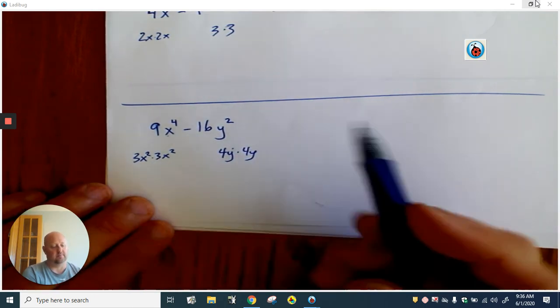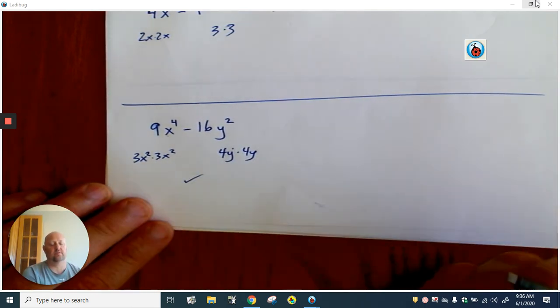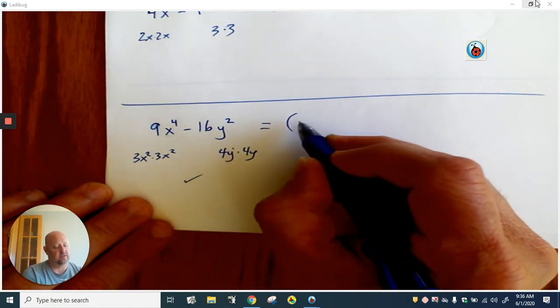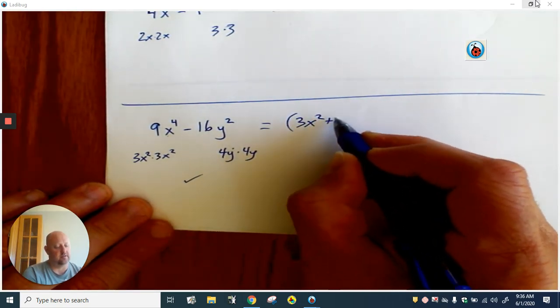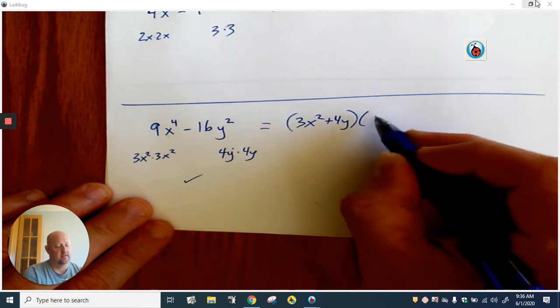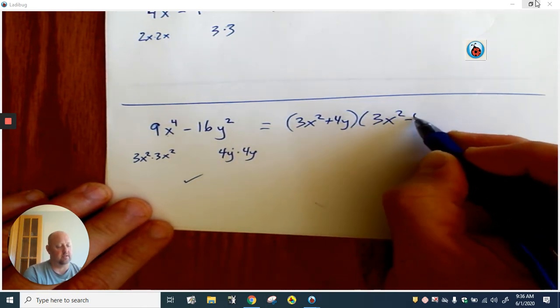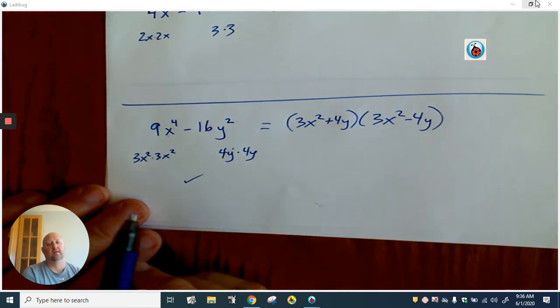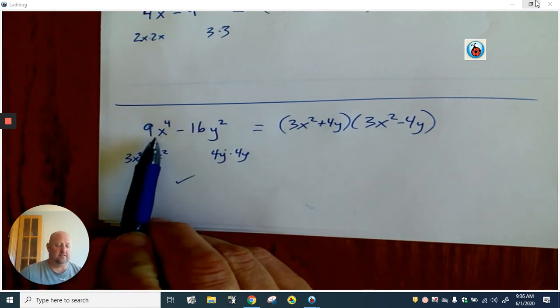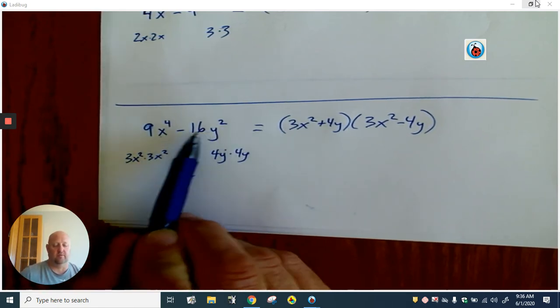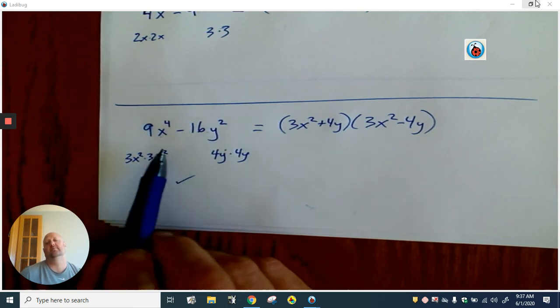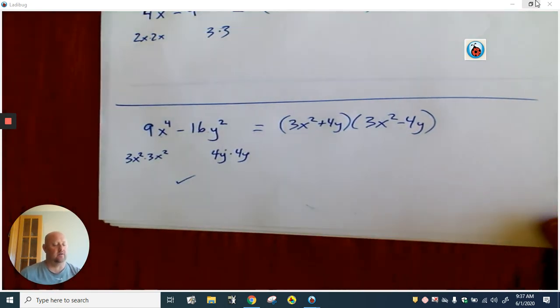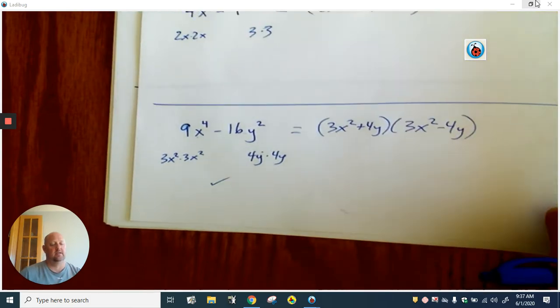So, because it's minus, sure enough, difference of two squares, the answer would just be 3x squared plus 4y, 3x squared minus 4y. But again, it has to be a number that you can evenly take the square root of in both the first and the second, and it has to be a minus. If it's plus, it's not going to work, okay?